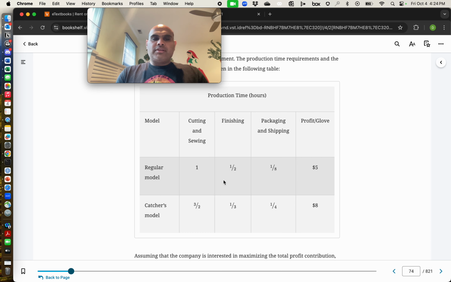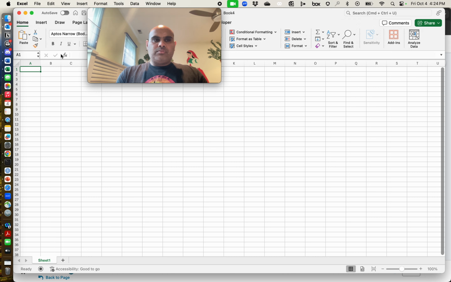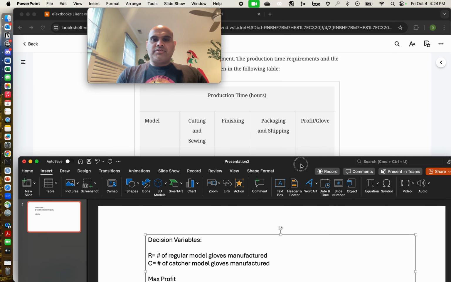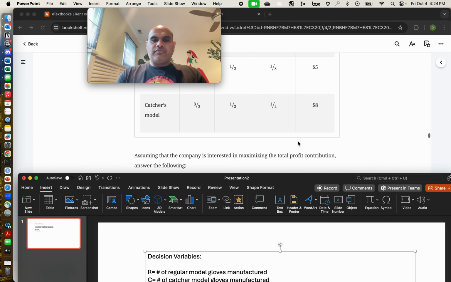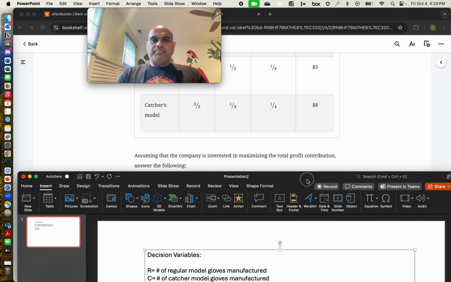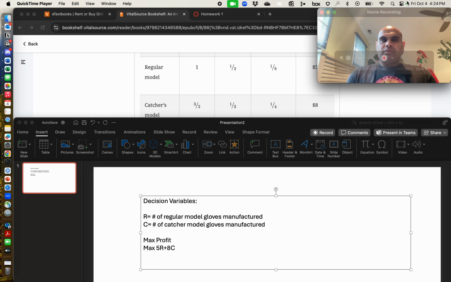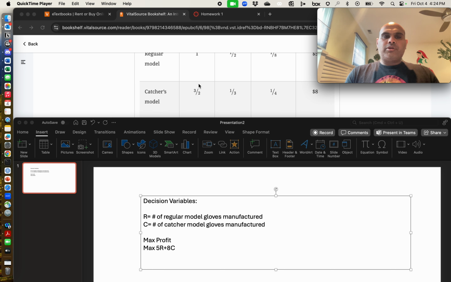So if you look at the constraints themselves, they should be pretty straightforward, right? So cutting and sewing is 1 hour for a regular model glove, 1.5 hours for a catcher model glove.